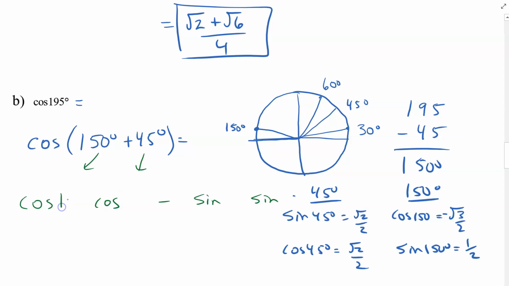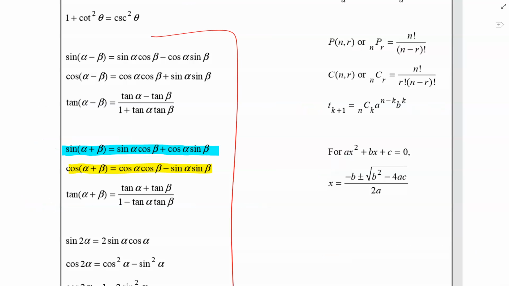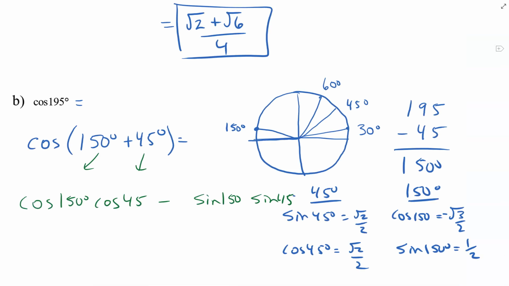So it's 150, 45, 150, 45. You'll notice it's always alpha, beta, alpha, beta, no matter what you're doing. Sometimes the sine comes first and sometimes cos comes first, but they always do alpha and then beta. So if you just keep that same order, it's going to be fairly good for you.